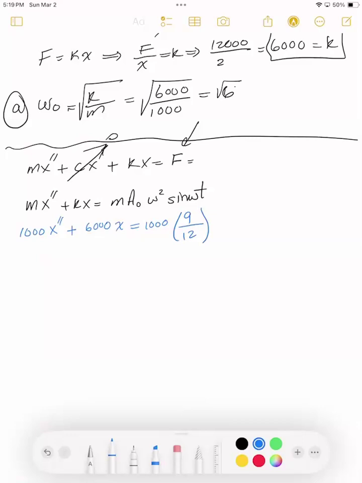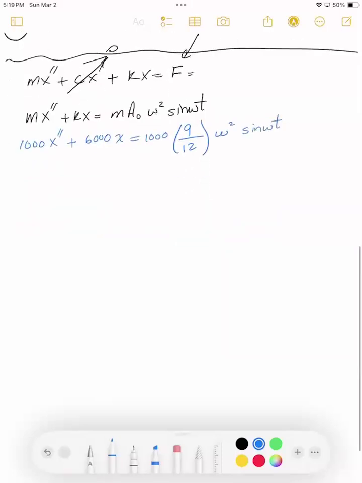I sometimes forget to do the conversion, but everything should be in feet. So this has to be converted from inch to feet. Omega squared. I'm not going to put the omega value yet because we have to do a lot of calculation. We do the omega later. So anyways, I'm going to divide both sides by that 1,000 to simplify this a little bit. And I'm going to reduce that to 3/4.